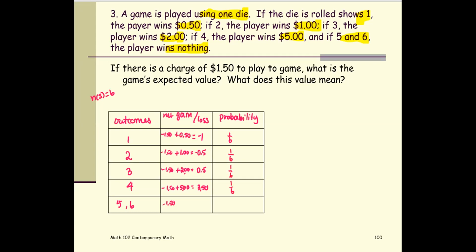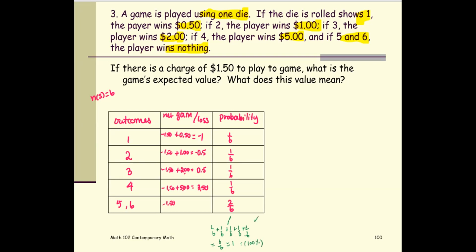And either 5 or 6 is 2 outcomes out of 6. To check whether you got the right probabilities, find the sum of all 5 numbers: 1/6 plus 1/6 plus 1/6 plus 1/6 plus 2/6. Yes, it comes out to be 6/6 or 1, which is the whole 100% chance.